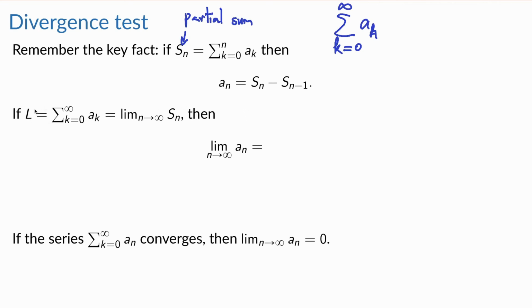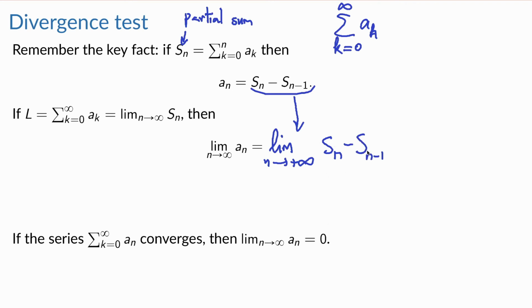Now, if we suppose that this series converges and has a limit L, then we can go ahead and use our limit laws to figure out what's going on. The limit as n goes to infinity of an, we're going to use this fact right here. So here we get the limit as n goes to infinity of Sn minus Sn minus 1.